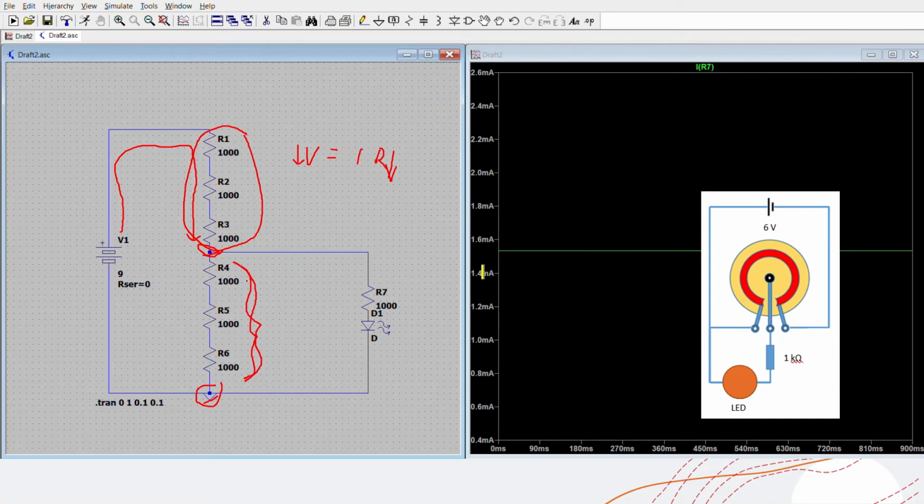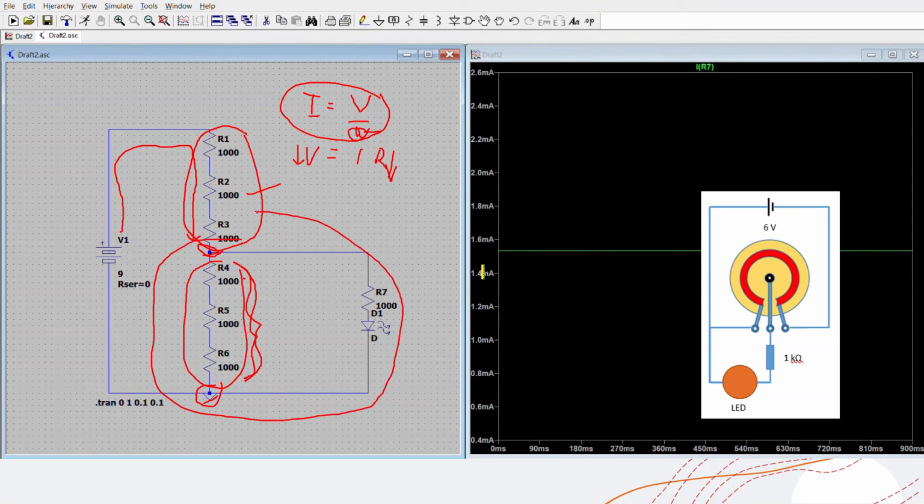Take note, in Ohm's law also, I is equal to V over R. Now the R in this equation is not the R in this one. The R here is this 3,000 ohms, which is in series with our parallel circuit here. So increasing the resistance here means lowering the current in the main line. So we have decreased the current here.